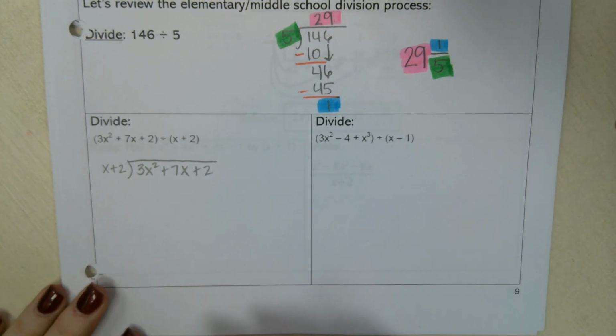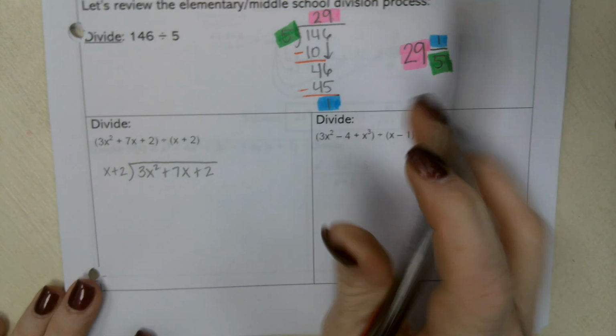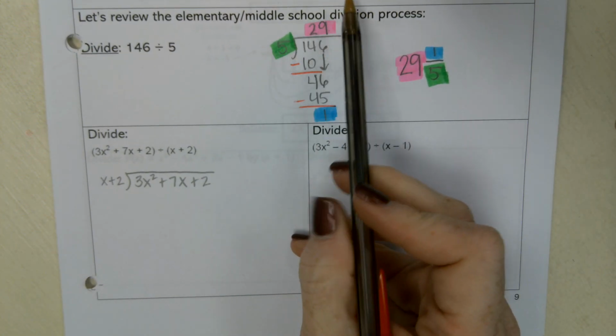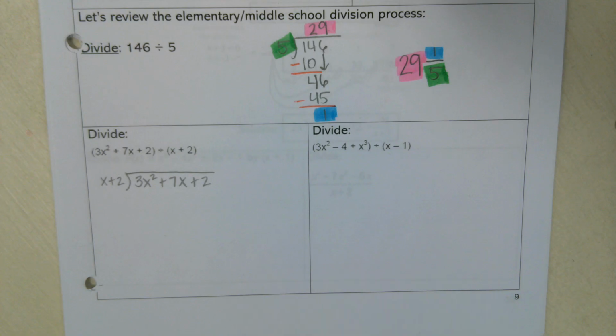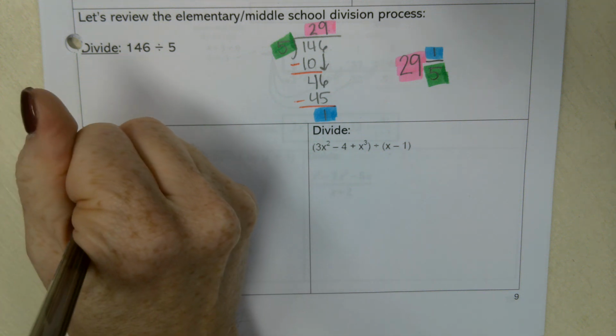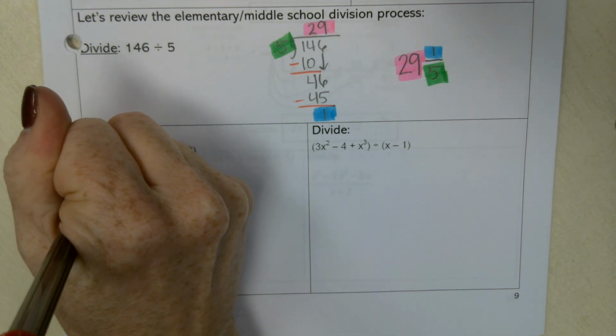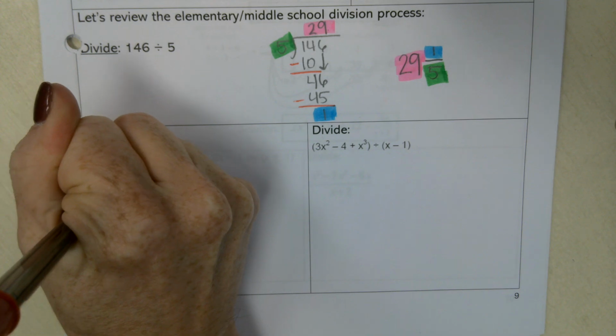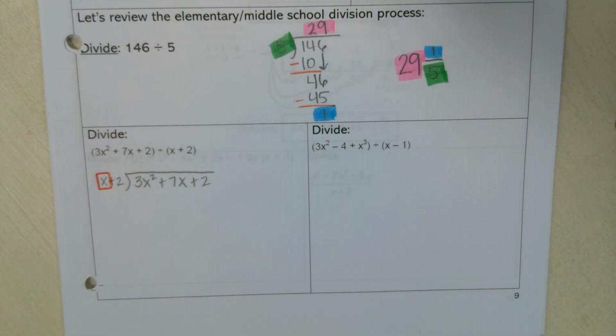Now, I want you guys to remember kind of this process of how we were getting the numbers that we were subtracting and all that other stuff. So I'm going to refer back to this a little bit. All right? But when I'm doing polynomial division, I need to focus in on this very first variable up front.